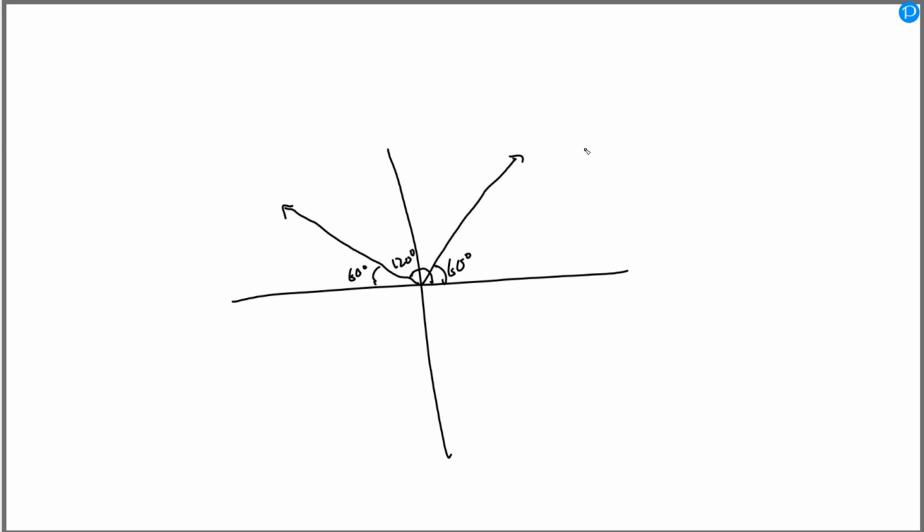Since these are both in a quadrant where sine is positive, because remember CAST, this is A and S, sine of 60 degrees would equal the sine of 120 degrees. Even though they're not a full rotation apart, they are equivalent.